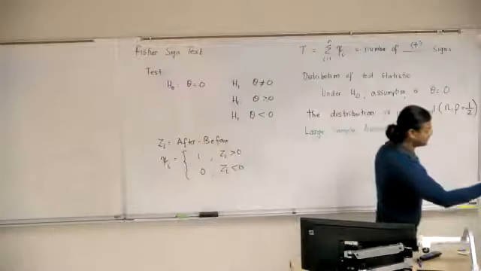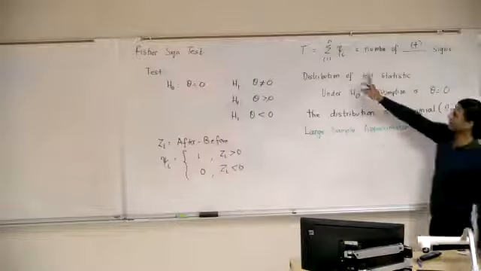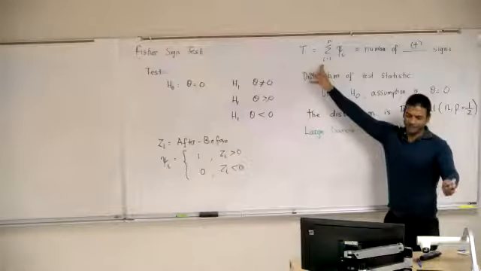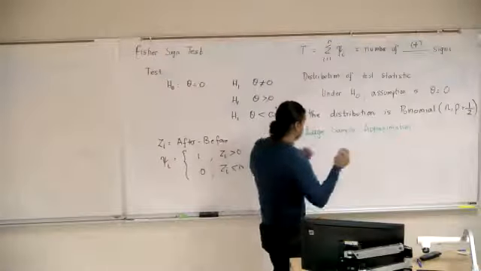We subtract the mean, we divide by the standard deviation, and we end up getting the standardized test statistic. So we have the test statistic, which is T. Now we want to find the mean.